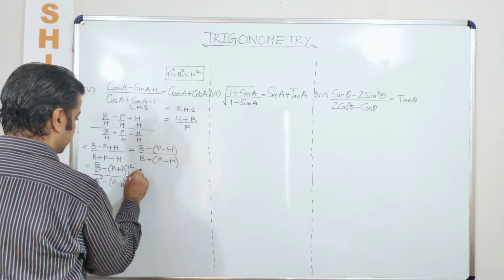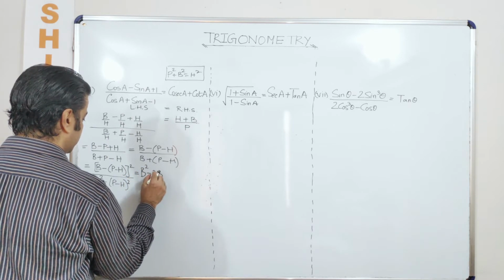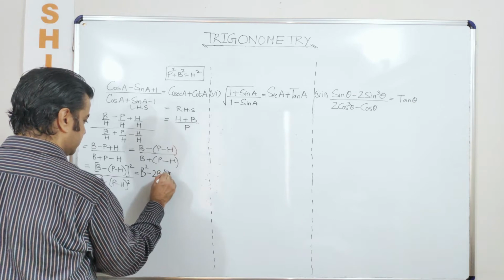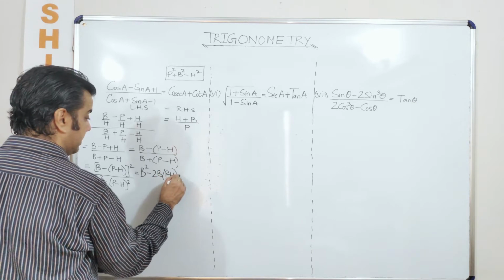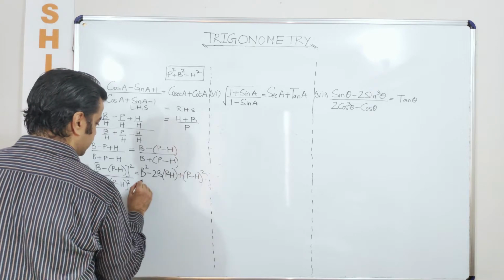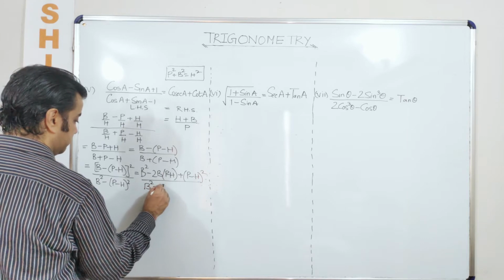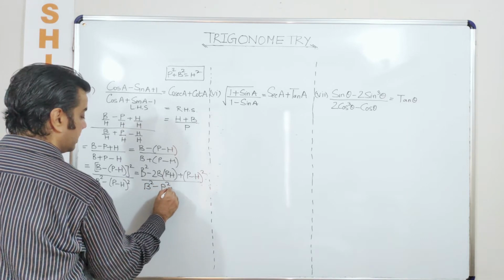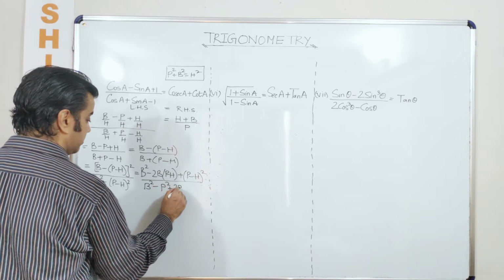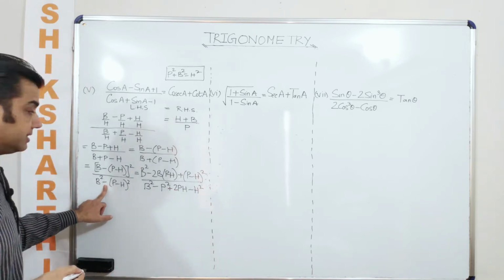When I solve this, I get b square minus 2b into p minus h plus p minus h whole square, this entire divided by b square minus p square plus 2ph minus h square, because there is a minus sign here.